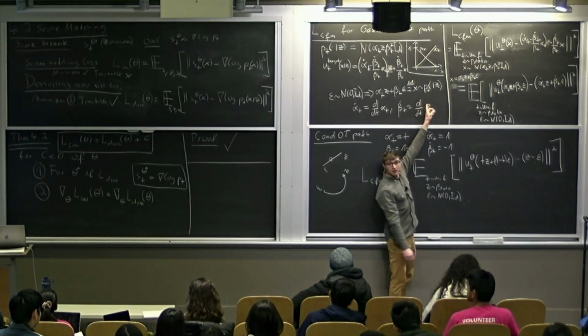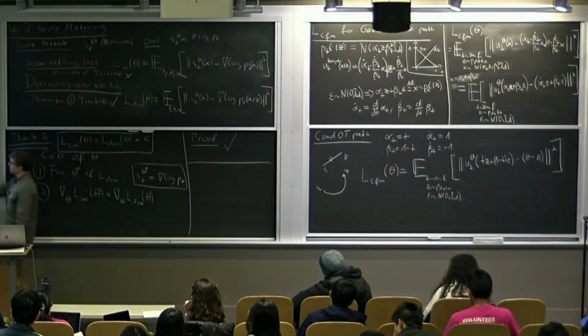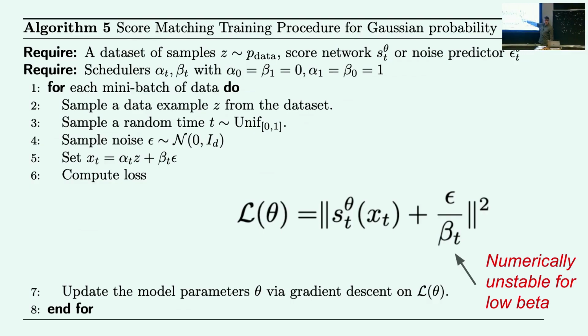If you look at this graph, for times close to 1, it was realized early on when diffusion models were developed that this is numerically unstable, and there are some tricks to handle it, with details in the lecture notes, but essentially you're scaling this by β and then dropping a constant. I just want to make you aware that this loss can be numerically unstable for times close to 1. It's not something you have to worry about, but you will see it in papers. They refactor the score network into what's called a noise predictor, so you basically drop that constant.